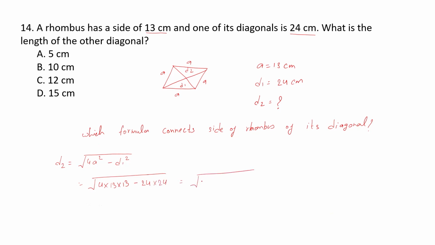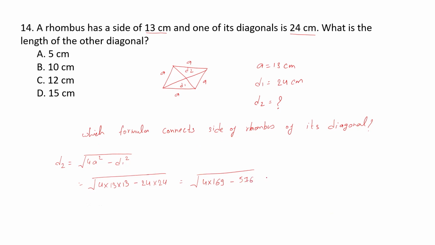Let me use the calculator. 13 into 13 is 169, right? 4 into 169 minus 24 into 24. 24 into 24 is 576.